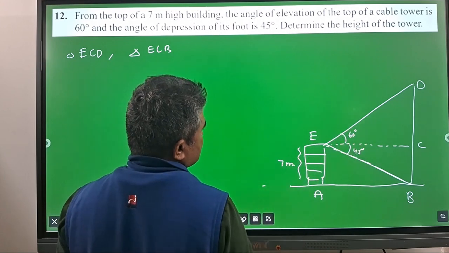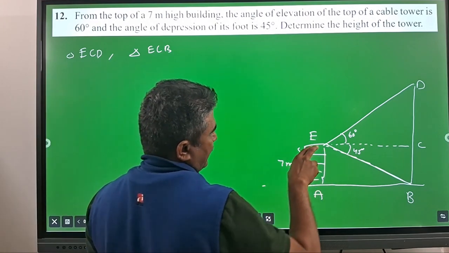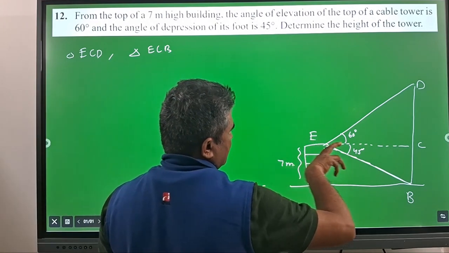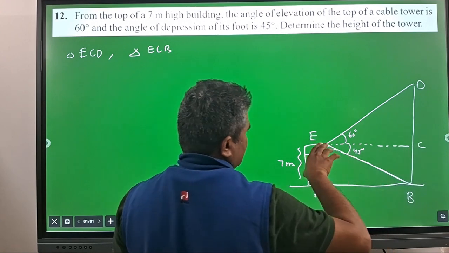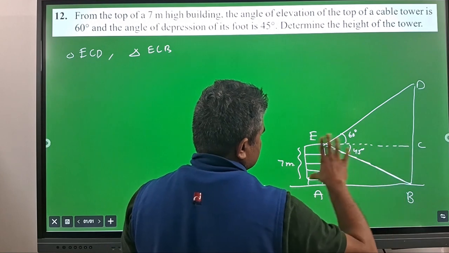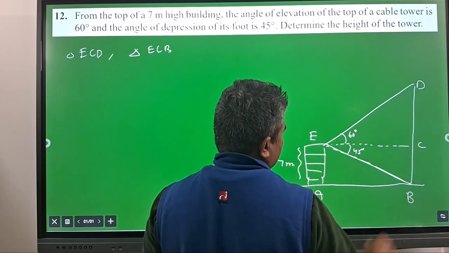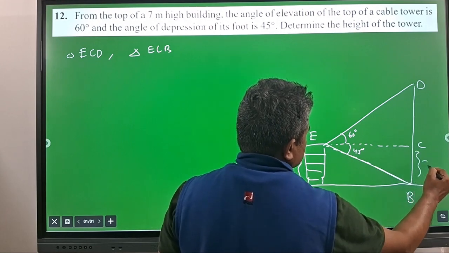We have two triangles and from that I will get some relations. If you see the picture clearly, the height of the tower is equal to this part BC because we are considering a horizontal line for angles. So that horizontal line mentions that the height of the tower is equal to this BC part, some part of this tower. So this is 7 meters.